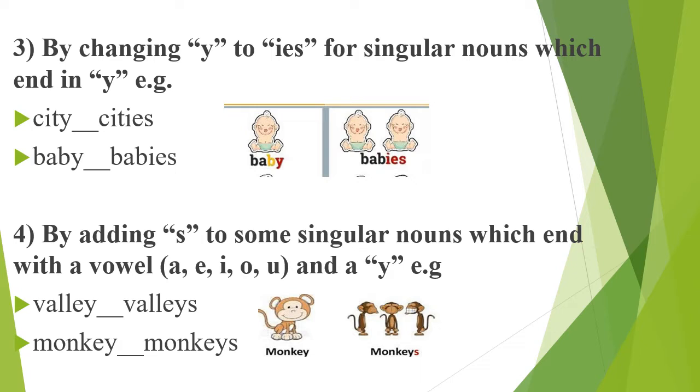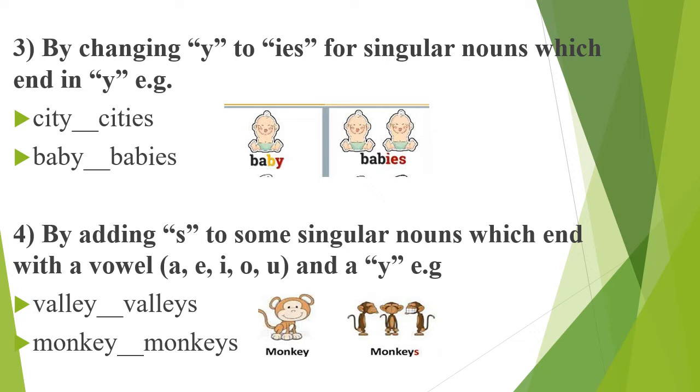We will remove y and add ies in place of y. For example, baby, babies, city, cities, party, parties. These singular nouns end in y. When we have made their plural, we have removed y and added ies in place of y.